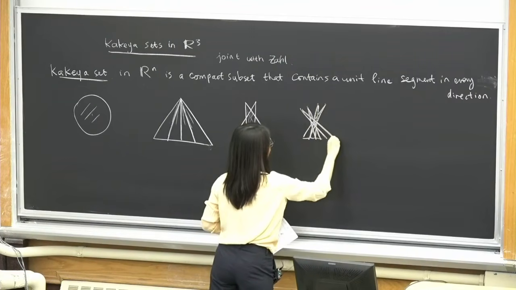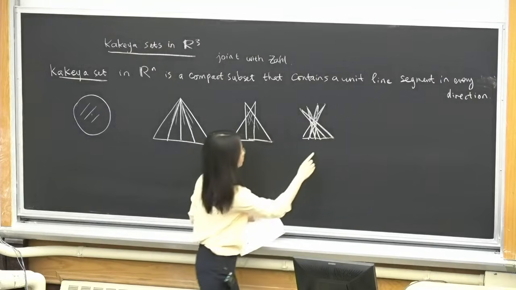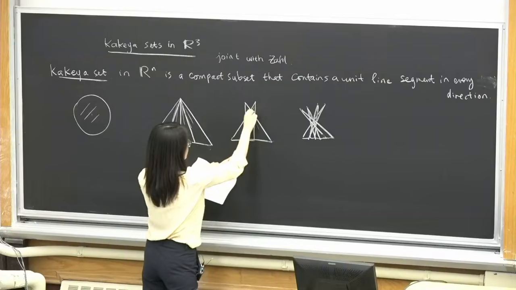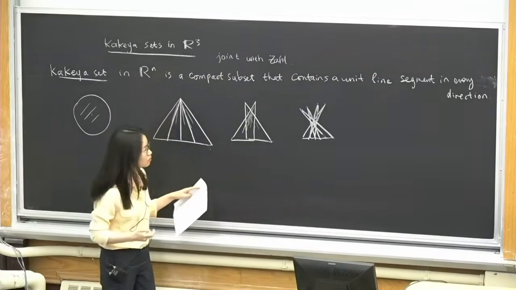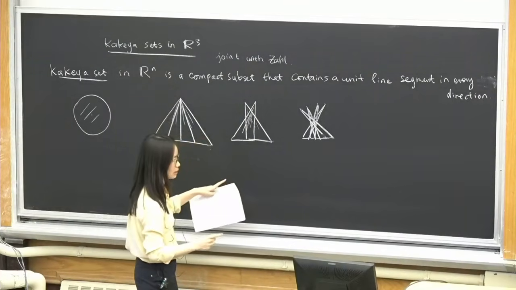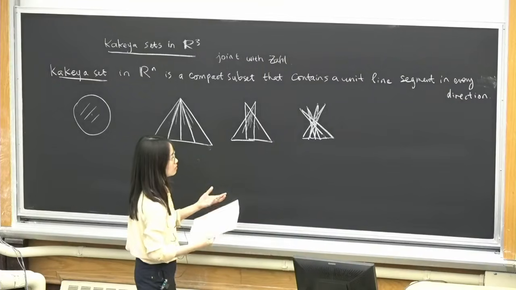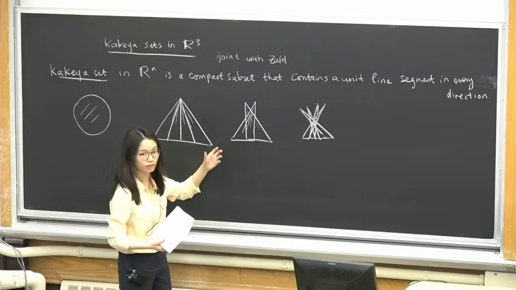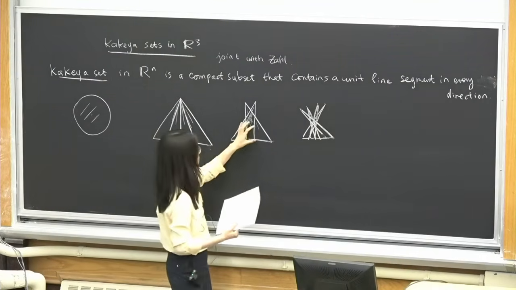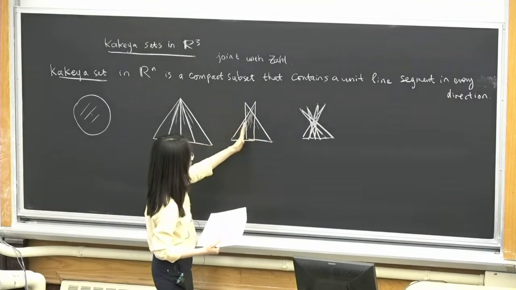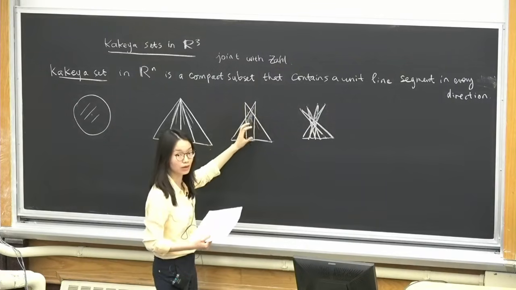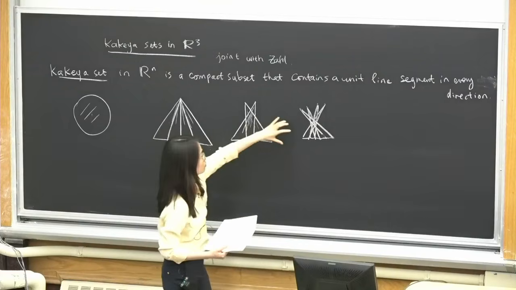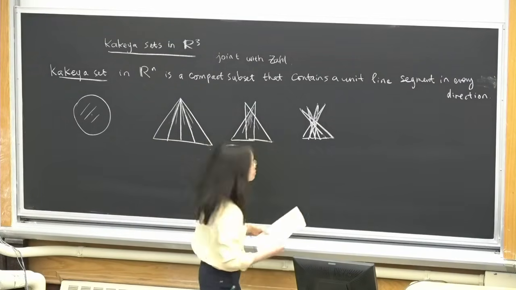This is an example that has smaller and smaller area, but still keeps all the unit line segments in this 60-degree angle. So if you iterate this process, in the end you will get a set of arbitrarily small measure such that it contains all the unit line segments in this 60-degree angle, and then we can rotate and take six copies to make it into a Kakeya set with zero measure.